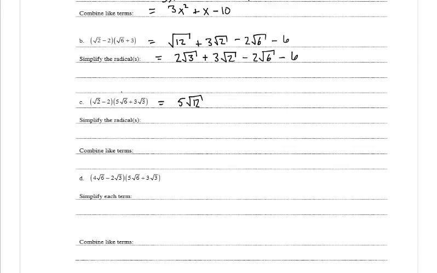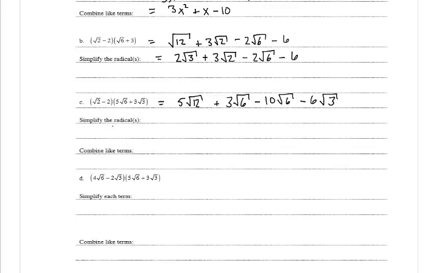The square root of 2 times 3 times the square root of 3 is going to be 3 square root of 6. And now we have negative 2 times 5 square root of 6 is going to be minus 10 square root of 6. And we have negative 2 times 3 square root of 3, which is going to be negative 6 square root of 3.